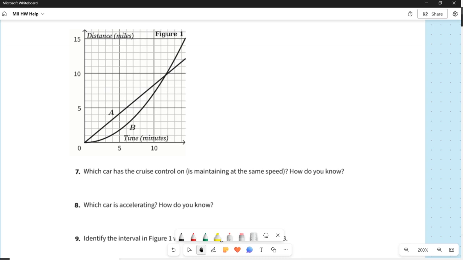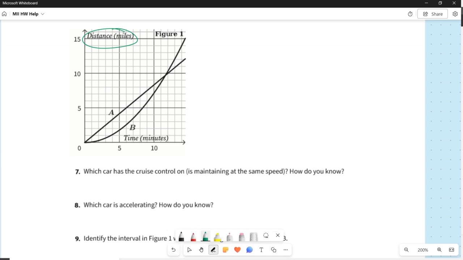Like I said, we're told that car A is the line and car B is the parabola. So with car A, we are comparing distance and time, right?